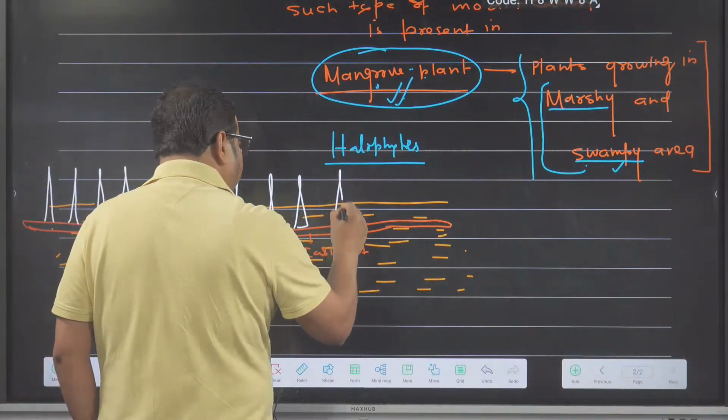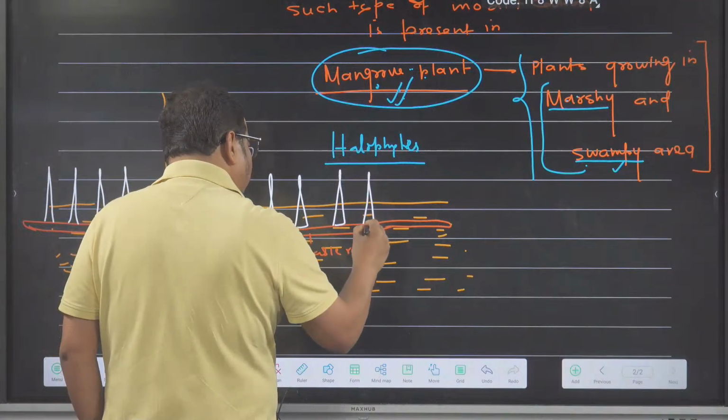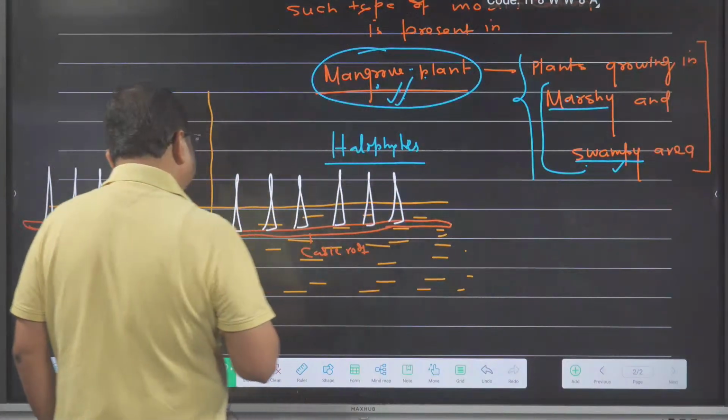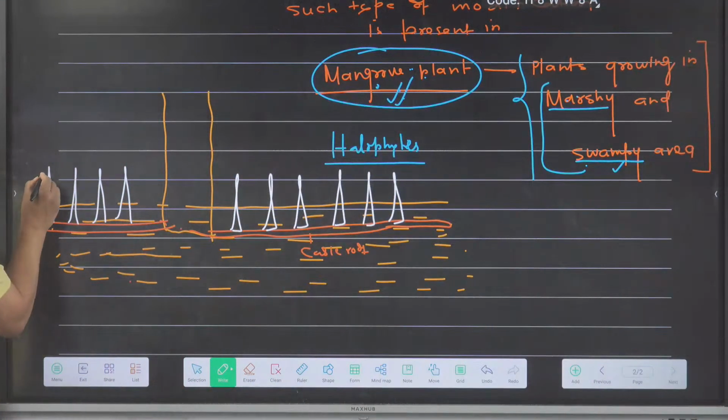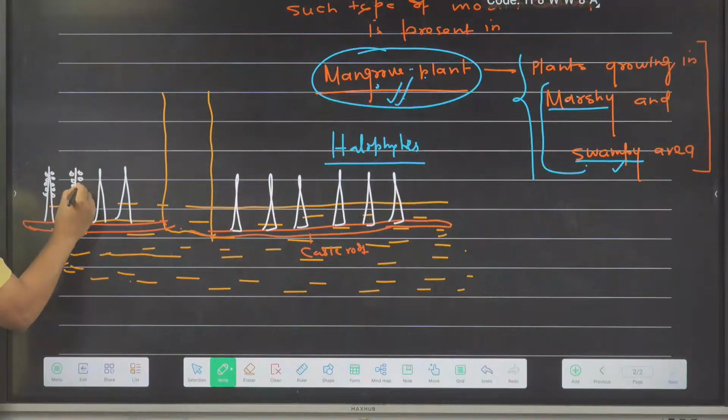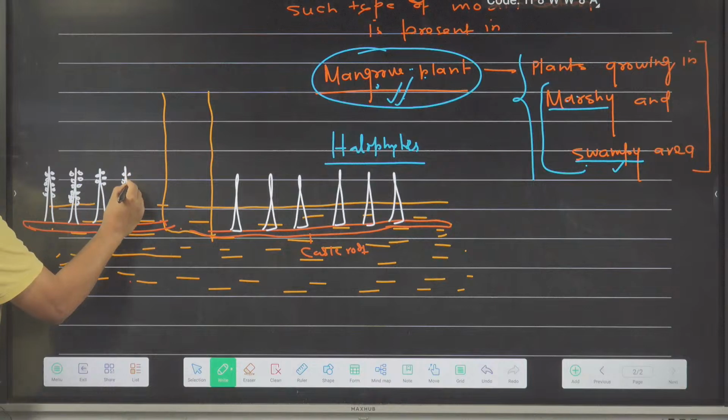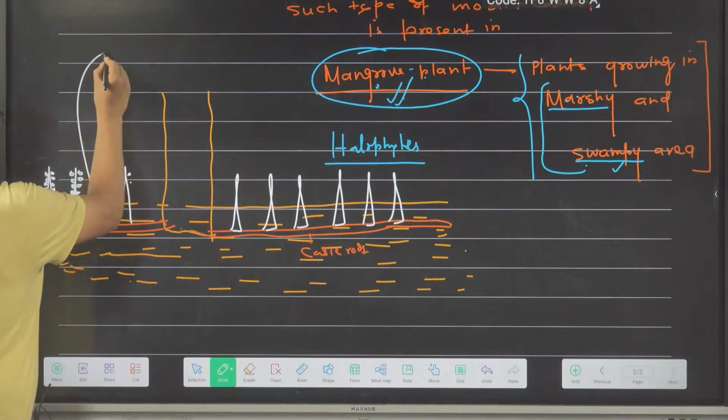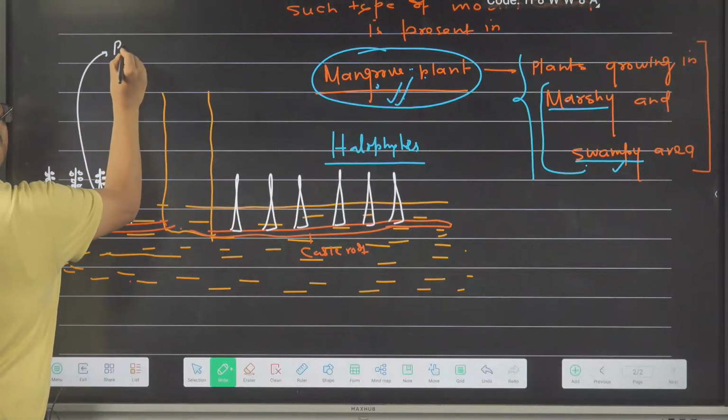So many pneumatophores you will find arising here like this, and here so many pores, so many lenticels are there. This porous structure helps in gaseous exchange. Everywhere it is like this. So this is basically the pneumatophore.